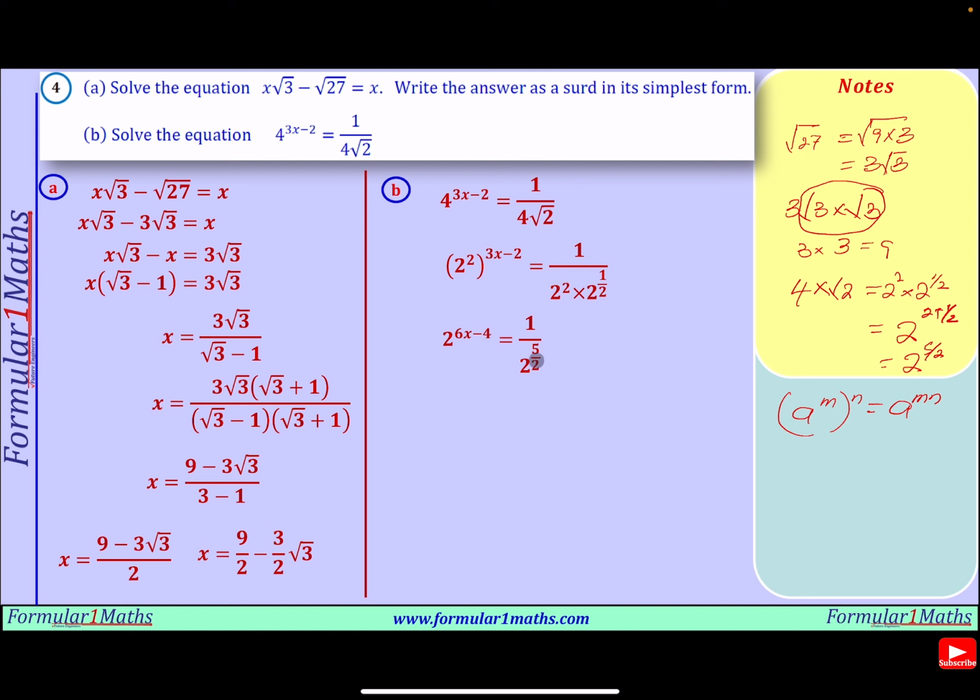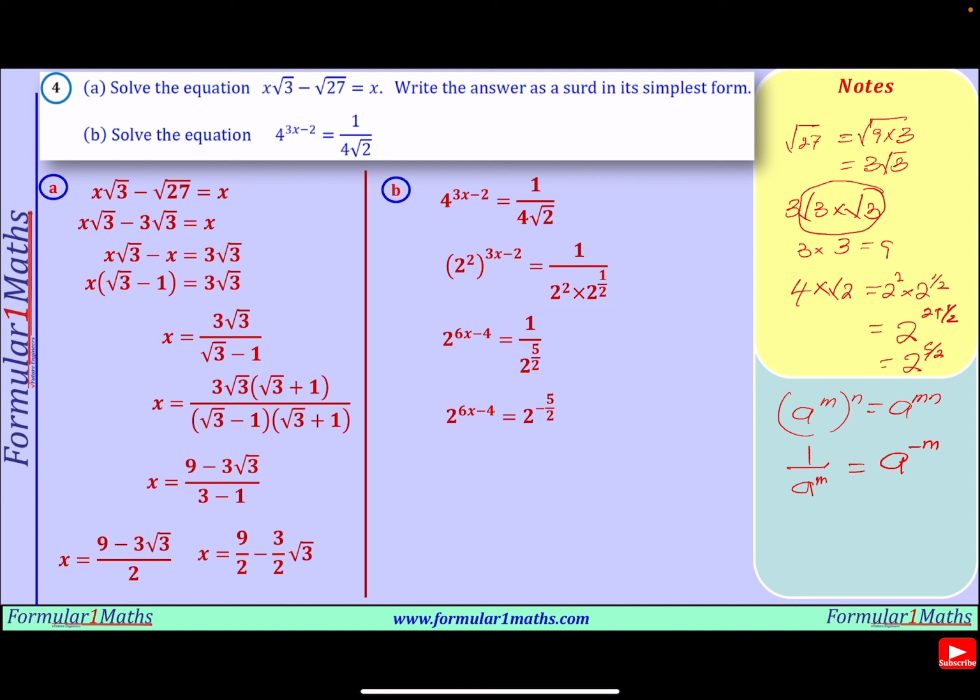But we can bring 2 to the power 5 over 2 to the numerator by using this rule here. So if I have 1 over a to the power m, this is the same as a to the power minus m. So we can use that rule here, and we are going to get this.